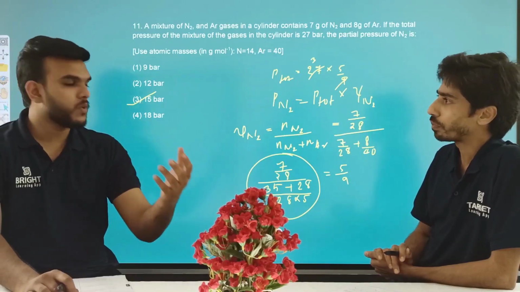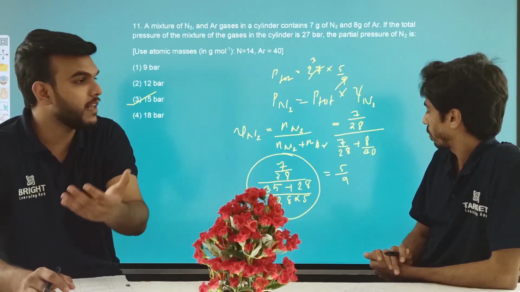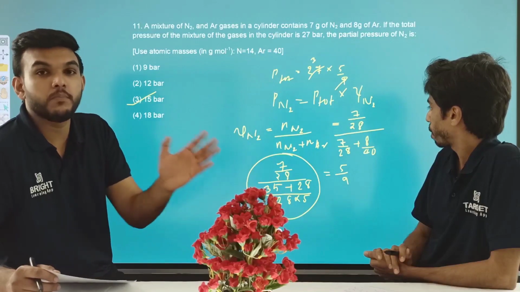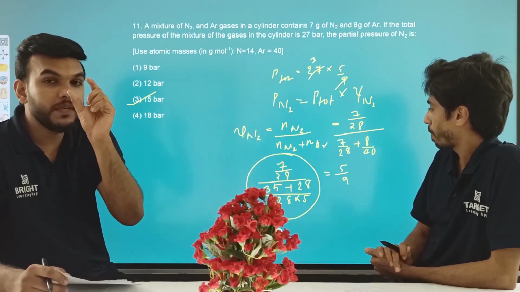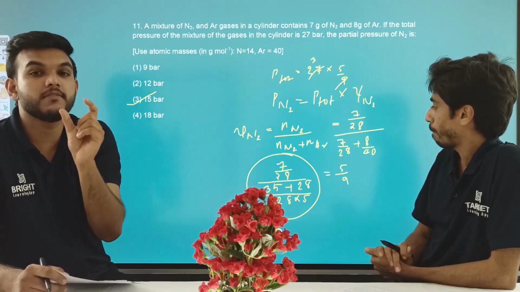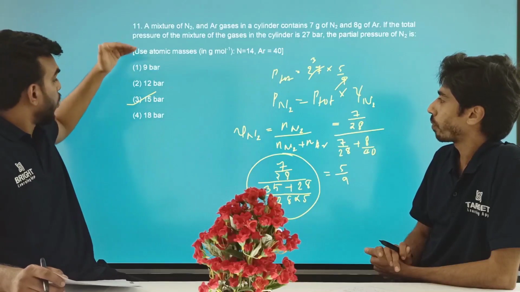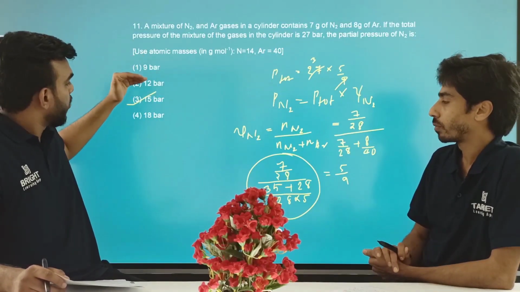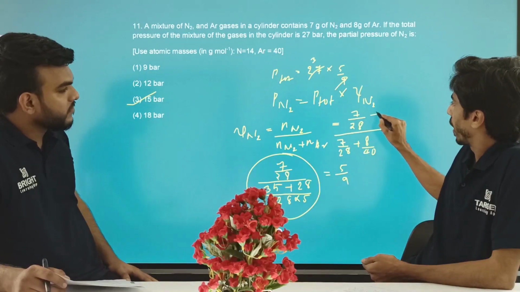Actually, students, some questions you do not need to think too much about; less than 30 seconds is needed for some questions. But for some problematic questions you have to put in more time. You have to stick sharply to the question, because a small mistake will change your answer, since all the options are related: 9, 12, 15, then 18.